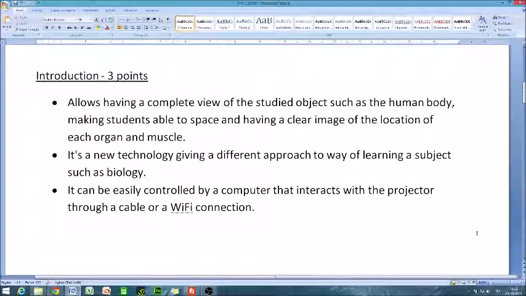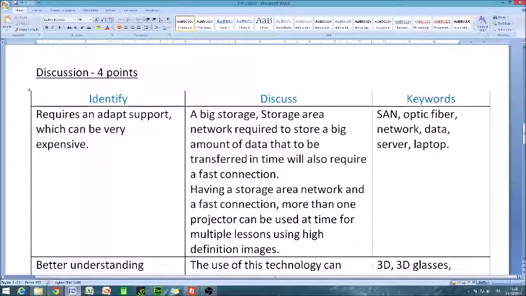It's a new technology that gives a different approach to the way of learning and will probably be something new for students, and it can be easily controlled by computer that interacts with the projector through a cable or a Wi-Fi connection.